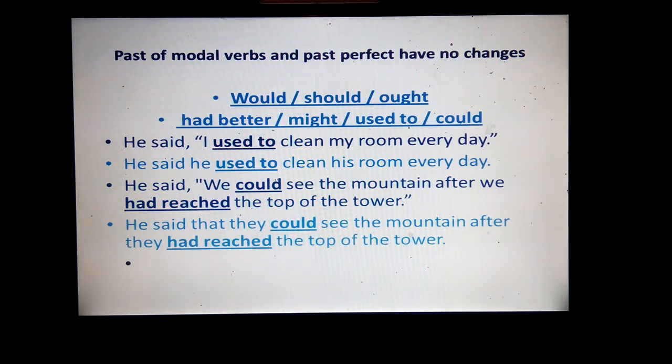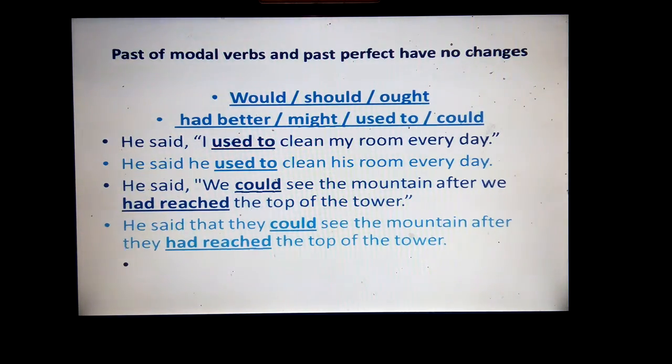He said that they could see the mountain after they reached the top of the tower. So could is the same, could plus infinitive, past modal verbs, and had reached past perfect, the same.